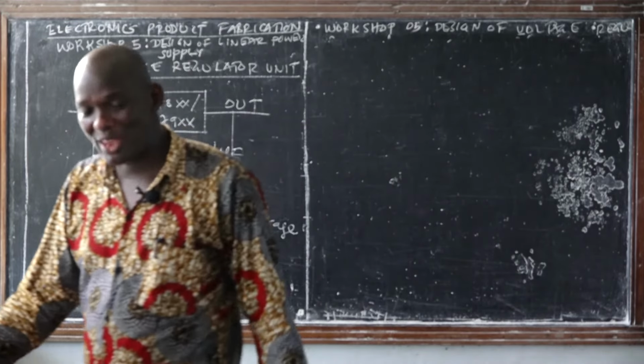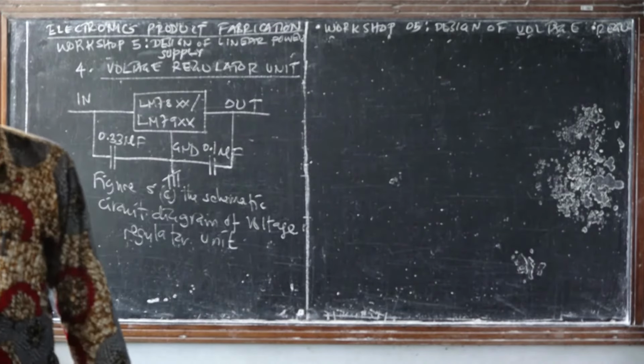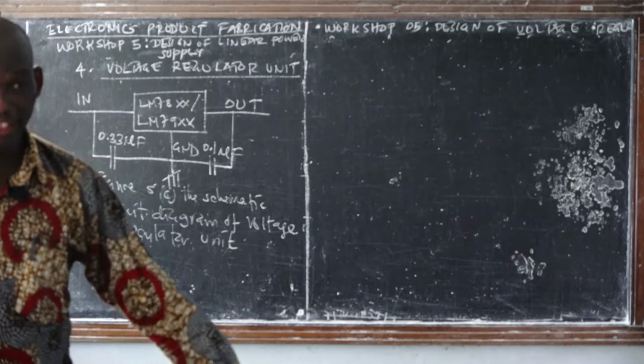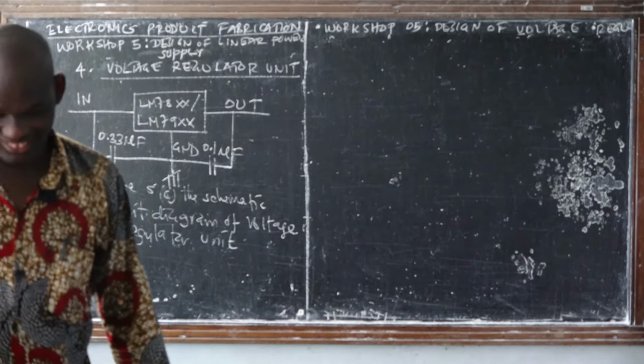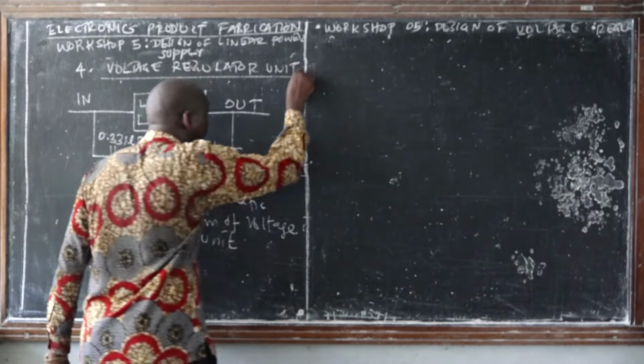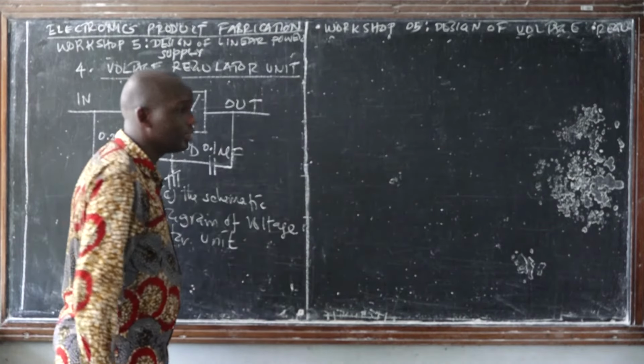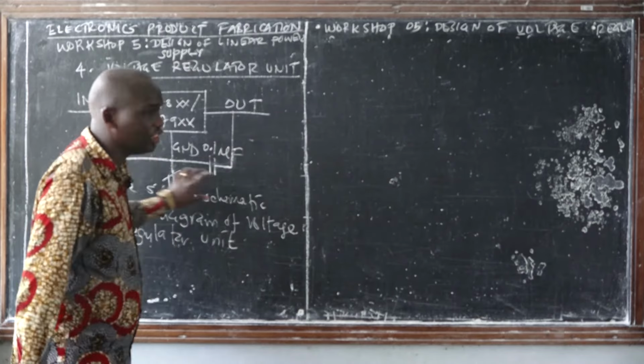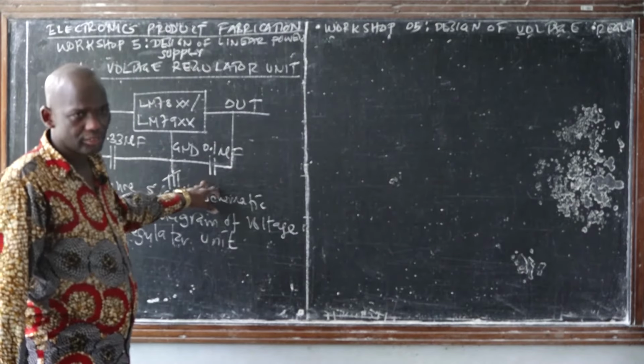What did you find from your neighbor? Amazing answers and amazing thoughts. So the first question they ask is: what is the function of each capacitor? Why do you use them?